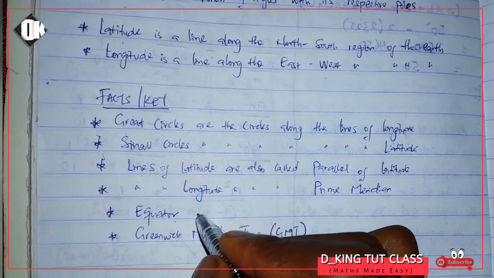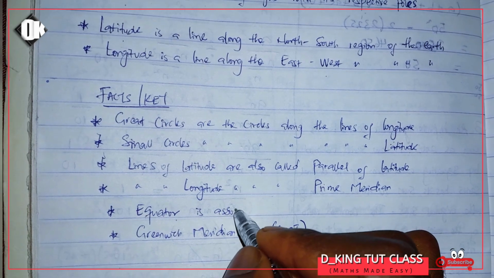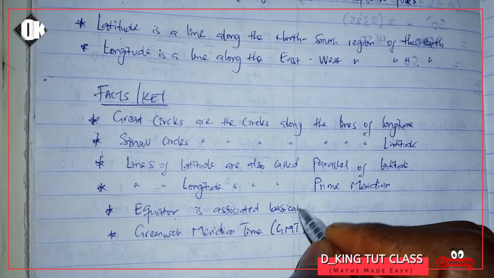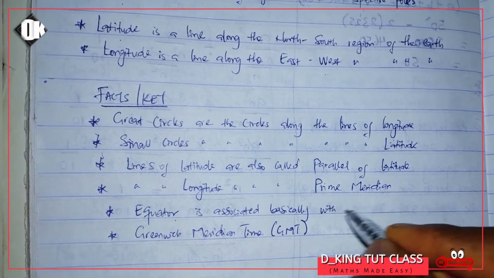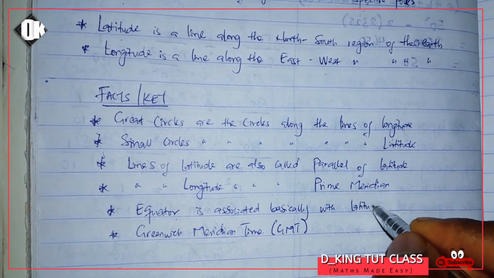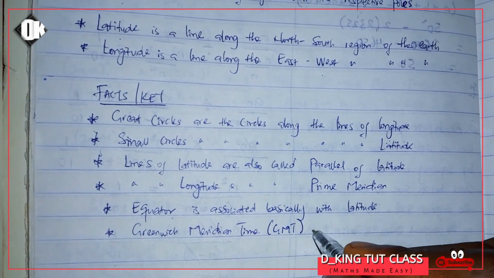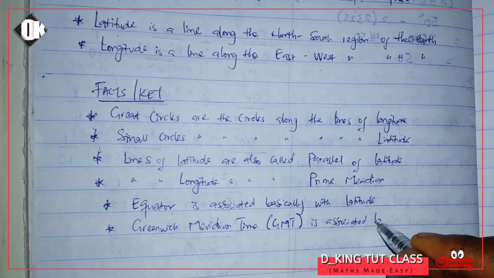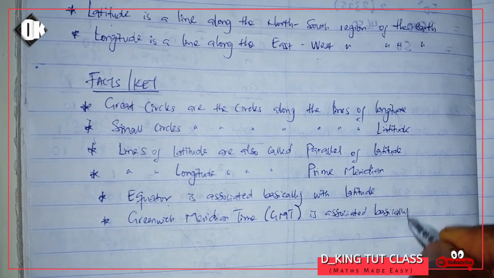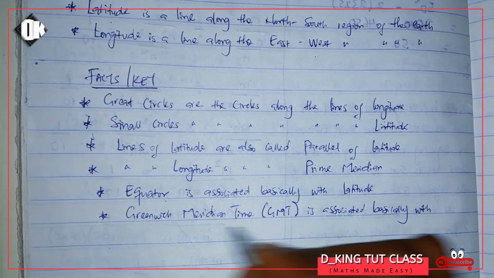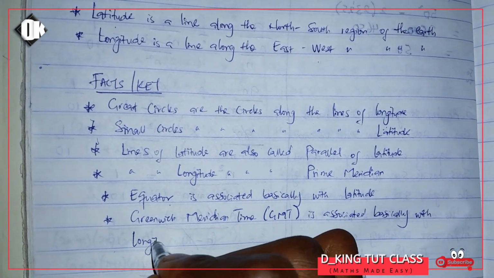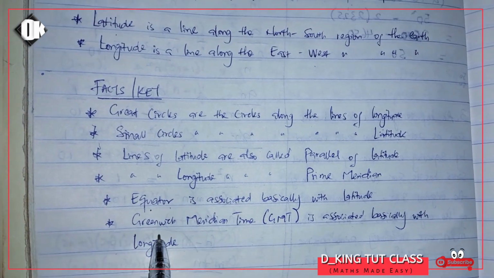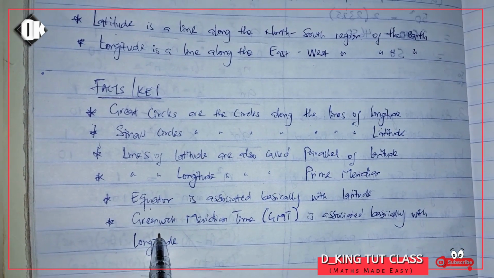This equator is associated basically with latitude, and this GMT is associated basically with longitude. Now, the equator and Greenwich meridian are similar, but in different forms.